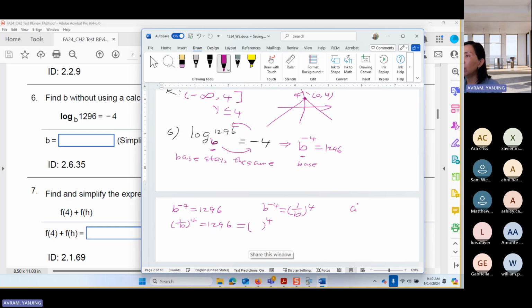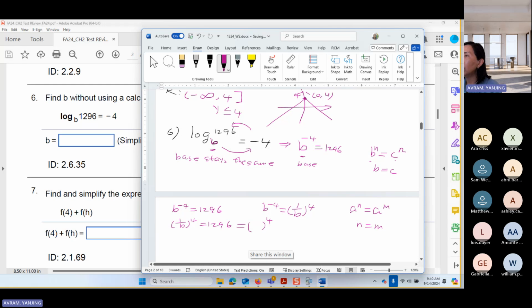Look at that. If I have a to the m equal to a to the m, then m and m must be equal. On the other hand, if you have b to the m power equal to c to the m power, if the powers are the same, the base must be equal in order for this whole thing to be true.